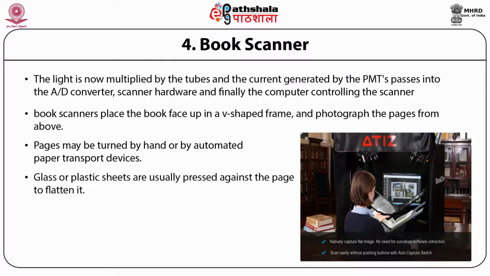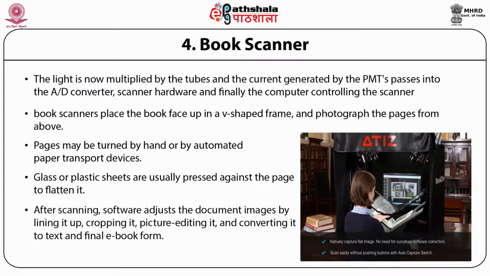Glass or plastic sheets are usually pressed against the page to flatten it. After scanning, software adjusts the document images by lining them up, cropping them, editing the pictures, and converting them to text and final ebook form. Human proofreaders usually check the output for errors.